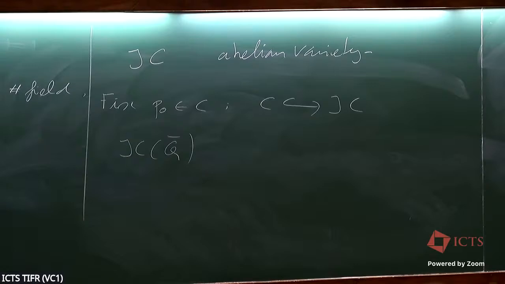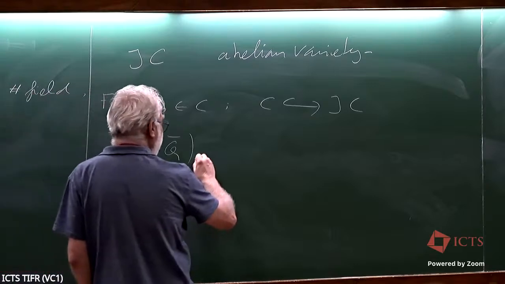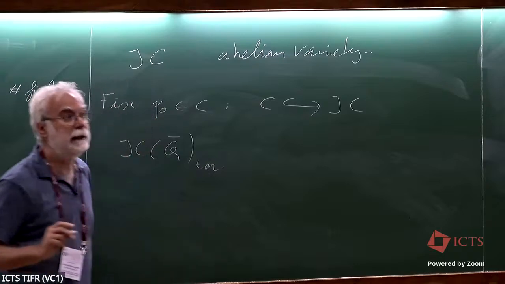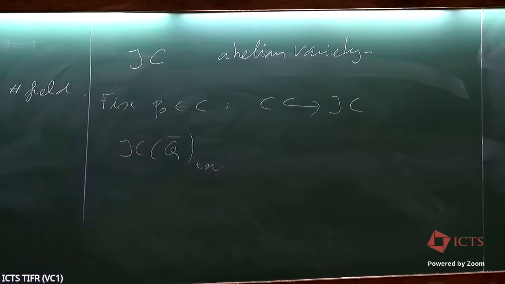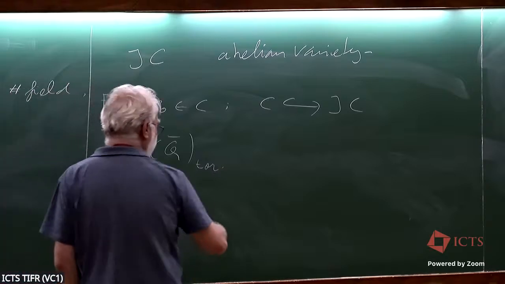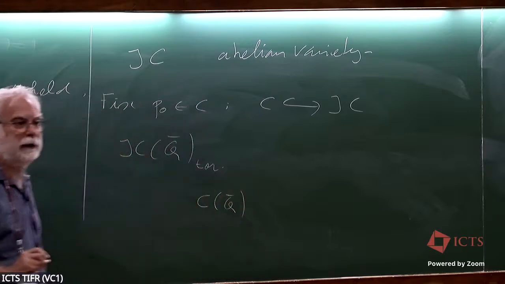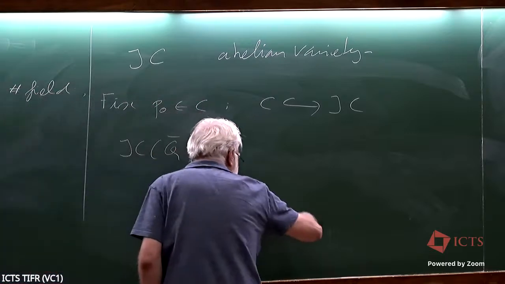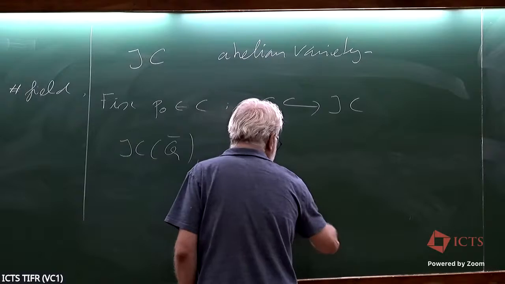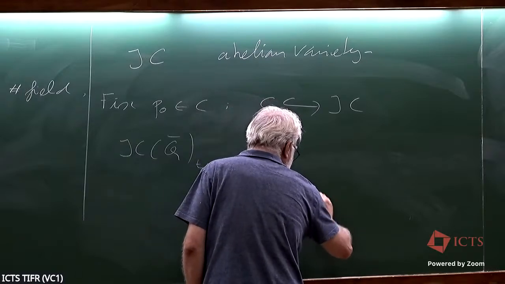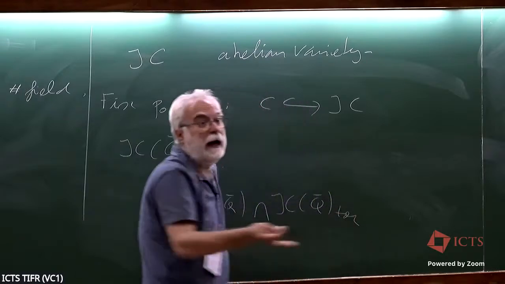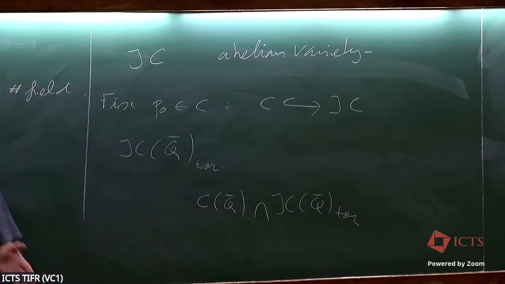Here there are many points, but I can look now at special points. I can look at the points that are torsion. Okay? If I look at the points that are torsion, now I can ask, okay, who is C of Q bar? So all possible algebraic points, but I intersect with the points in the Jacobian that are torsion. So this is another kind of special points. So these are points that when I embed in the Jacobian give me something which is torsion. It's a very special property.